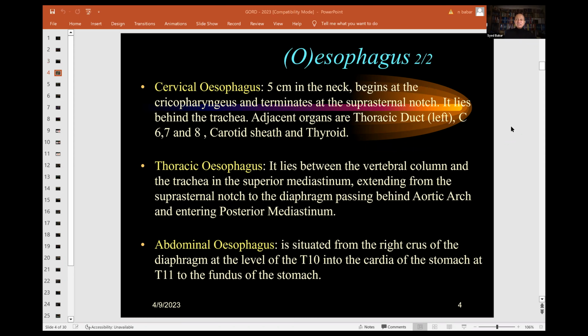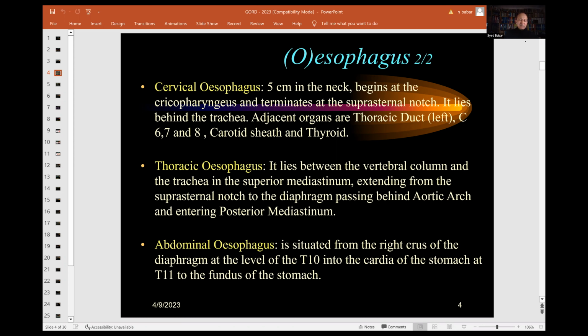It comprises 3 parts. The first part is the cervical esophagus, which begins at the lower level of the cricoid cartilage from a combination of cricopharyngeus muscles and related muscles as well, which forms a bulbous container linked to the pharynx.